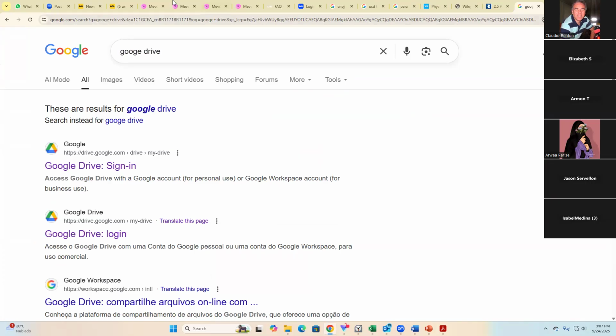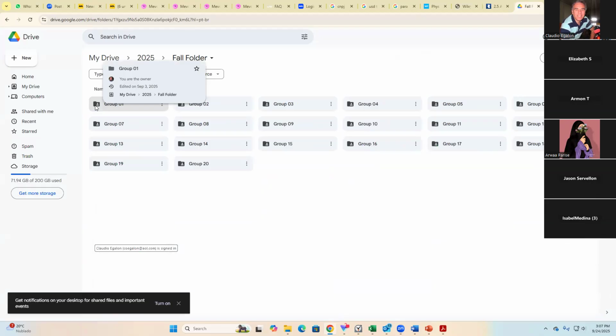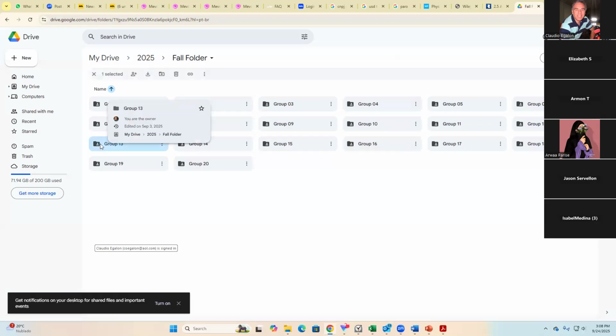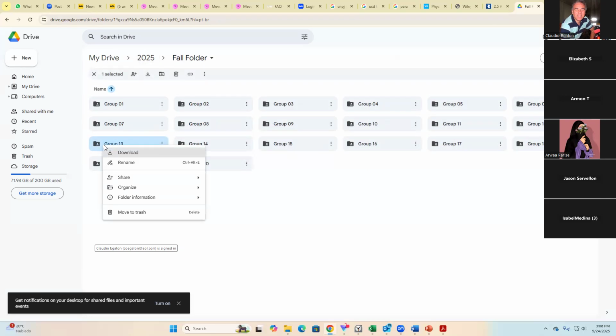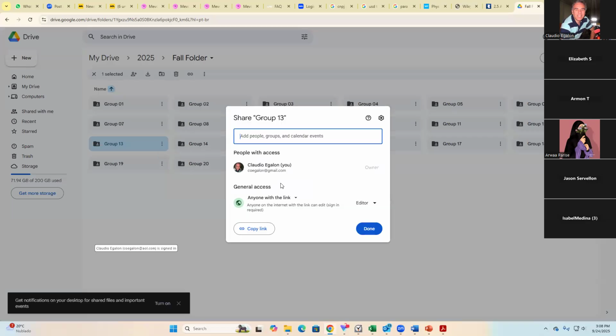Google Drive. Group. Let's see here. Name, share, copy link, share, editor, done.